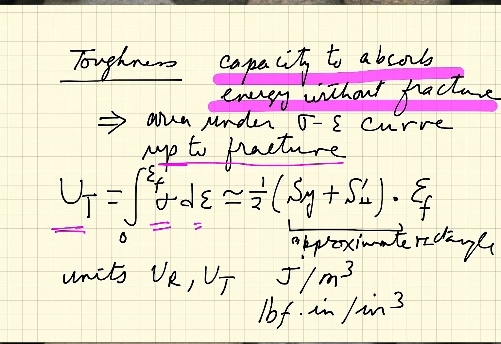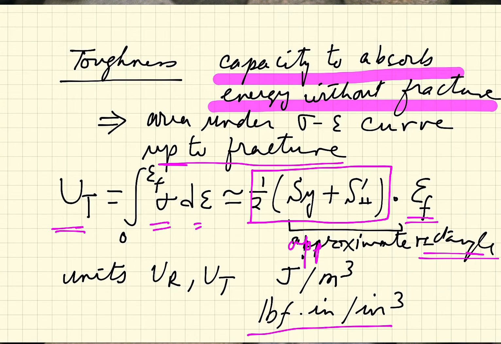Here we don't want to do anything sophisticated like a numerical integration. So we take the average value of the yield strength and the ultimate strength and multiply that by the fracture strain, which is approximately the area of a rectangle that represents the entire curve. In British standard units, it will be pound force inch per inch cubed.